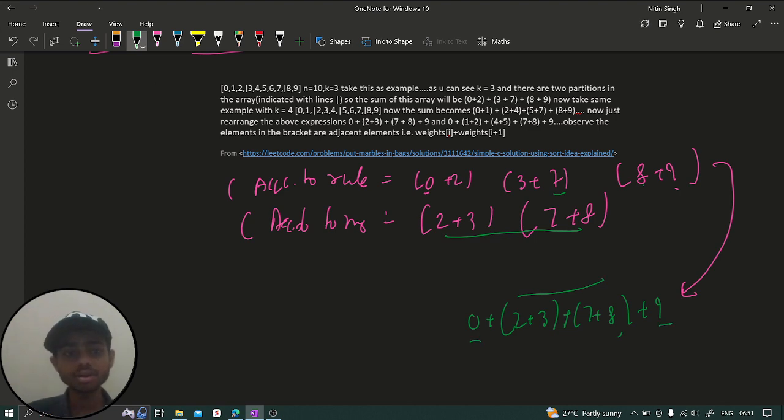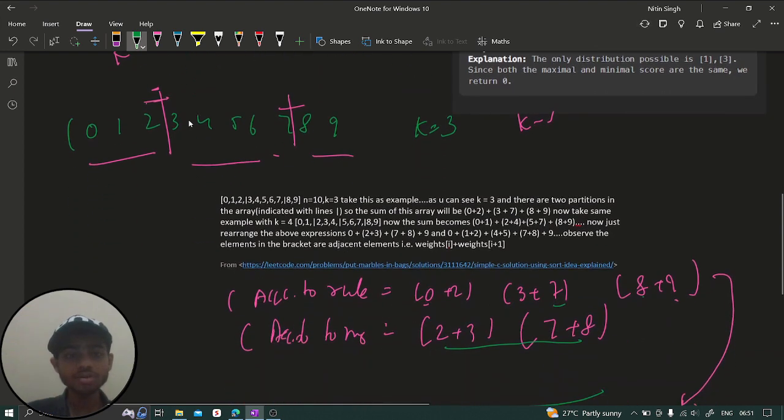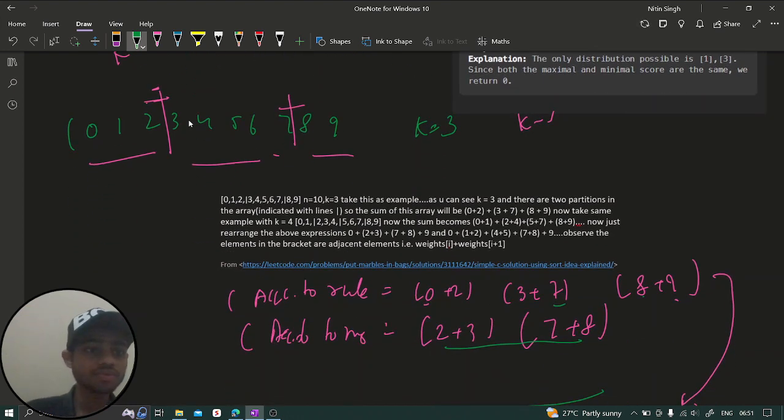And why do we need to take this particular value, when we know that if we are going to calculate the minimum or maximum, this first and last value always comes in each and every case. If you divide in any way, this first and last value is always going to come. If you give a line here, or here, or here, this first and last value is always going to come, right? So we don't need to take this, because they will always cancel out.